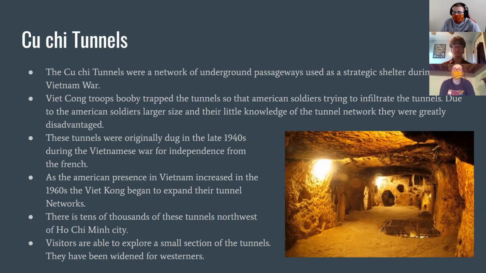The Viet Cong soldiers were a lot smaller than the American soldiers, so they were able to hide out in these tunnels with less fear of the United States military being able to get in.